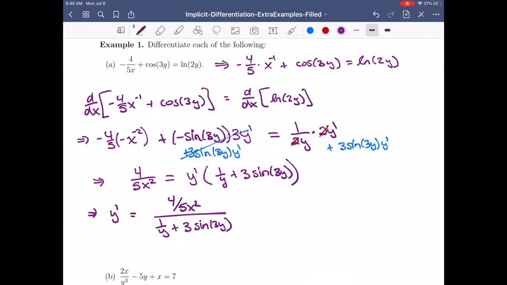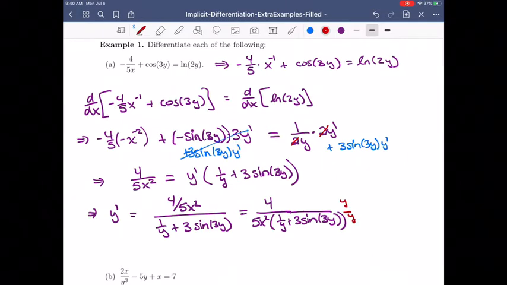So that's the derivative. Now there's fractions within fractions. So this 5x squared can just go to the bottom. So I'm going to have 4 over 5x squared times 1 over y plus 3 sine of 3y. And then if you want to get rid of that 1 over y, we can just multiply by y over y.